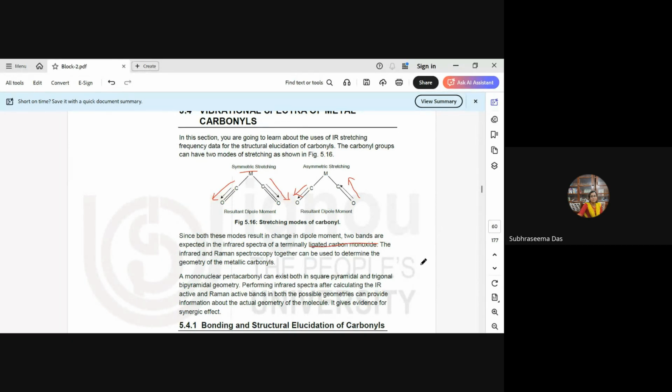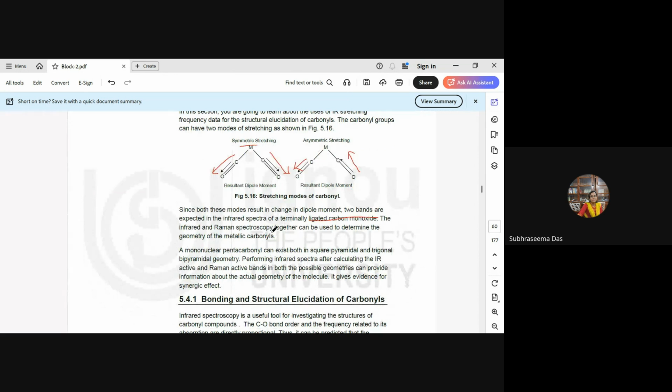That is, if we have a carbonyl complex or a carbonyl compound, and that CO molecule is bound to the metal by a terminal bond, then two types of bands are expected in the FTIR spectra.